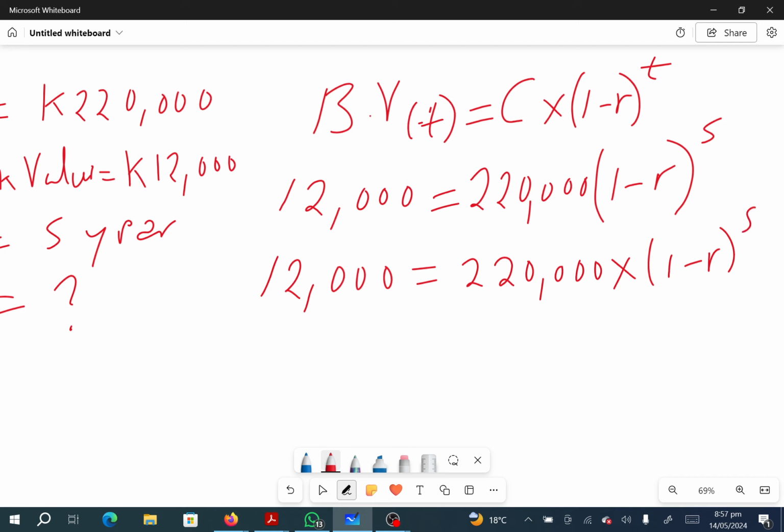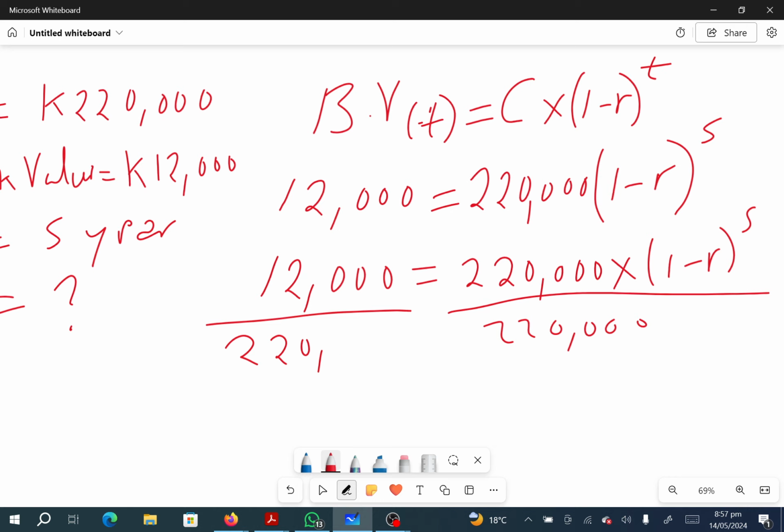So we can divide both sides by 220,000. This will cancel and this will cancel.